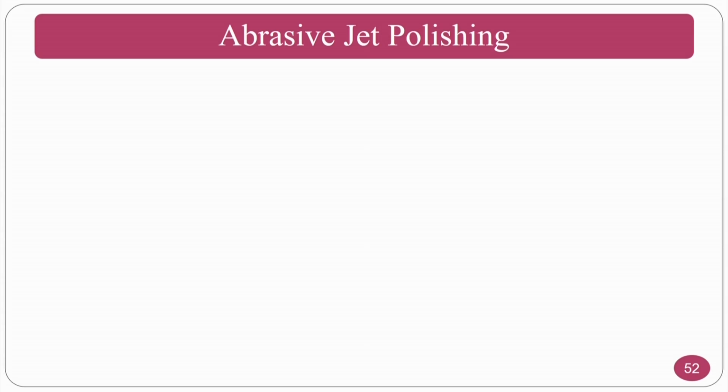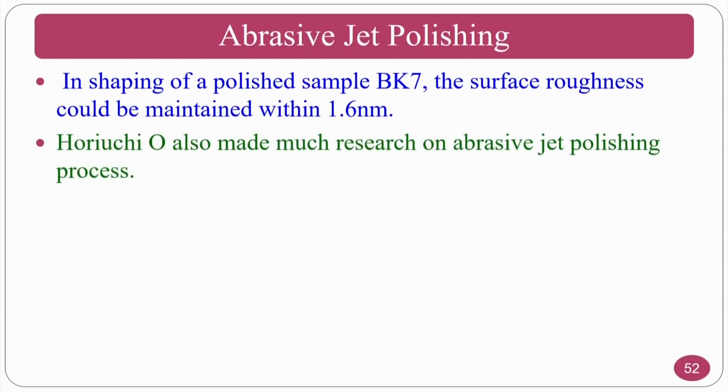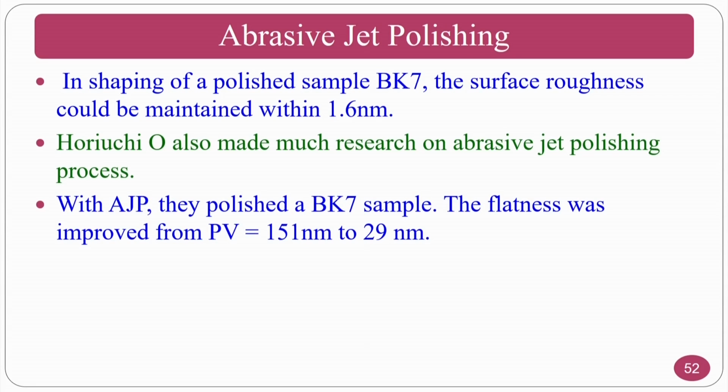So that means if you are looking for abrasive jet polishing techniques, it can also be done, but make sure that BK7 is a brittle material. Hiroyuki Awano also did such research on the abrasive jet polishing process, and these are some of the literature I am giving, because not much research work has been done on abrasive jet polishing.